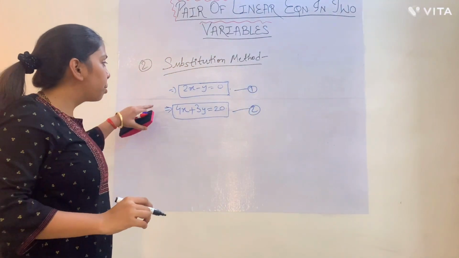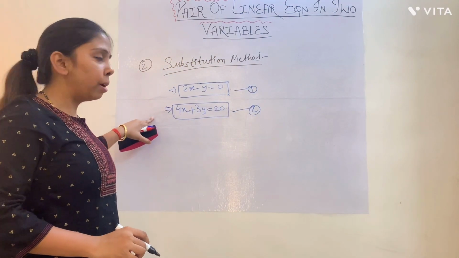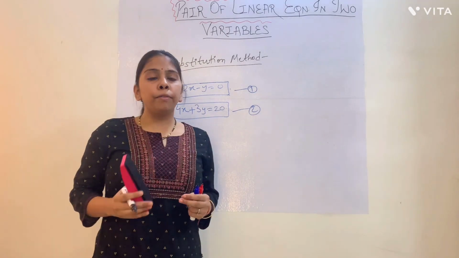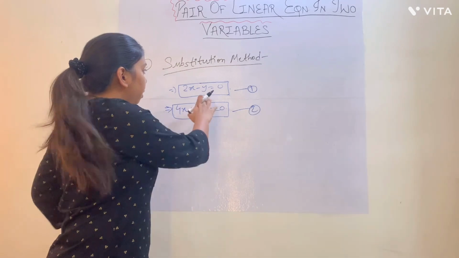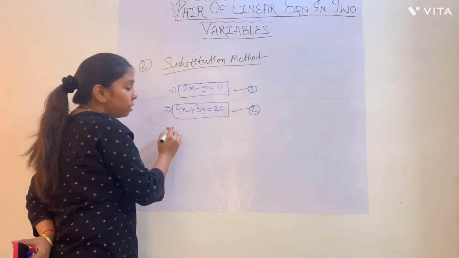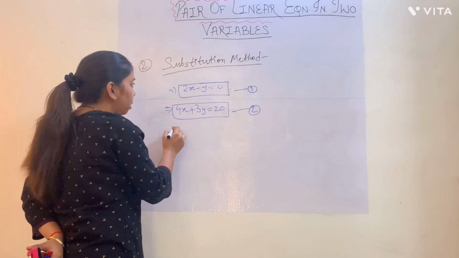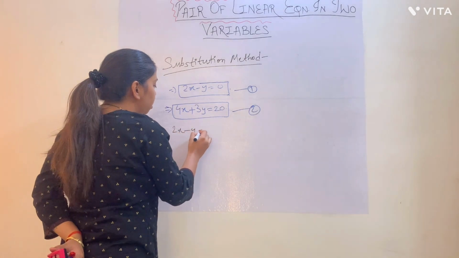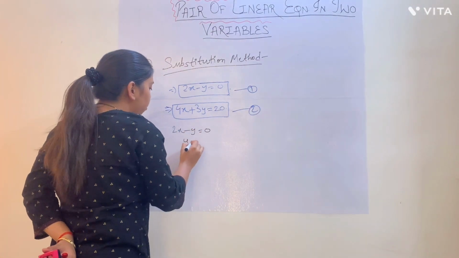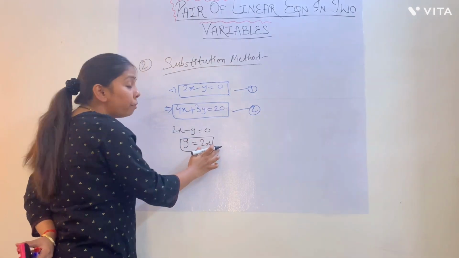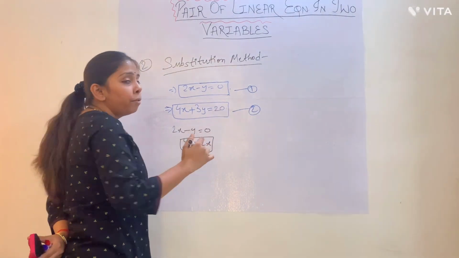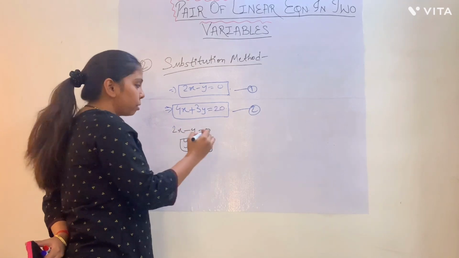Solve this equation by the substitution method. In the substitution method, we get the value of one variable in the form of the other variable. Like here, if we take the first equation, 2x minus y is equal to 0, the value of y is equal to 2x. If we put y equal to 2x in the second equation, we will get the value of x.